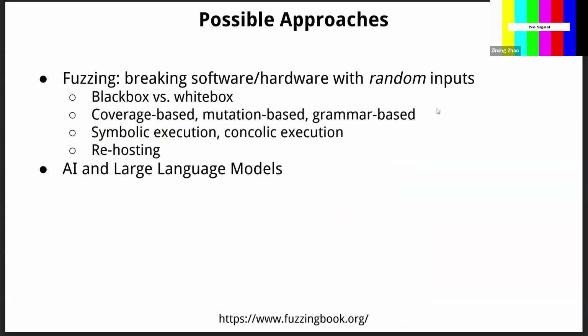Dynamic analysis-wise, fuzzing is still the most effective approach. In our lab, we also do fuzzing, especially for embedded systems. The idea of fuzzing is very simple. We just feed the program some random input and see how it behaves. If it crashes, it means there's a bug.